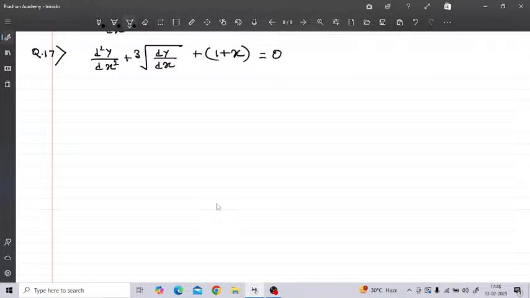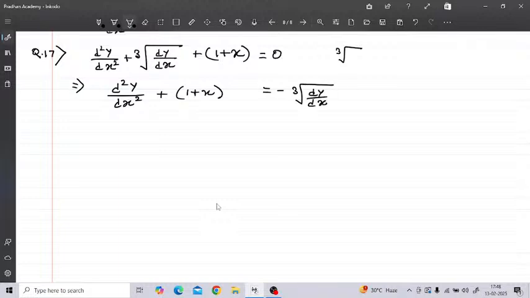So it is our given equation, and we have to find the degree and order of this. Now you can see that it's not radical free. It involves a cube root here. So we have to make it radical free first, then we will see whether degree is defined or not. So dy/dx plus, how can we make it radical free? Let's move this to the right hand side.